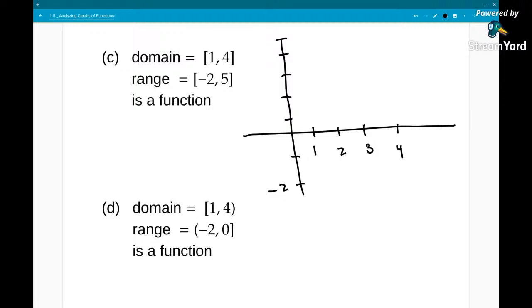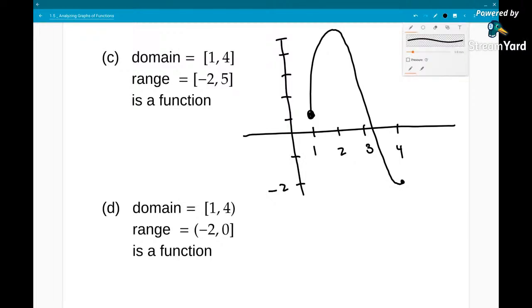So as long as I have something like this, again, I said I'm doing it off the cuff. Let me go up, curve, down, end right there. Boom. I claim this graph also fits the definition.